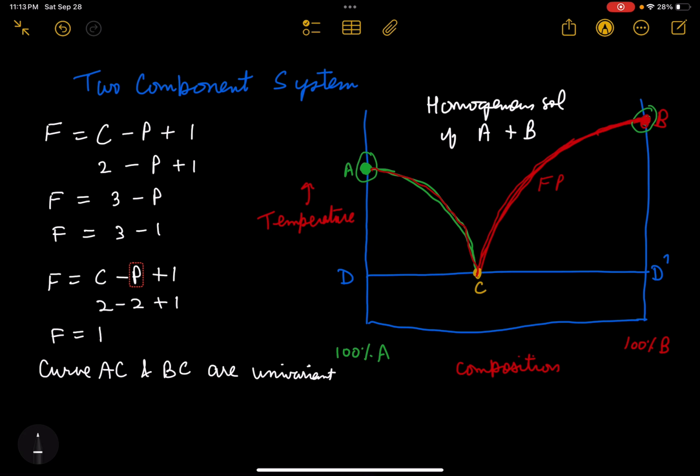These curves AC and BC intersect at point C. At point C, solid A, solid B and a homogeneous solution of A and B are present.